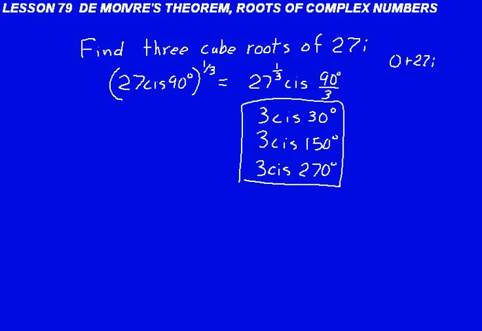Get your number in polar form for a complex number, and then just raise it to whatever power you need to. Applying De Moivre's Theorem backwards is really what you have to think of. z to the n is equal to r times cosine theta plus i sine theta, all to the n, which is equal to r to the n cis of n times theta.